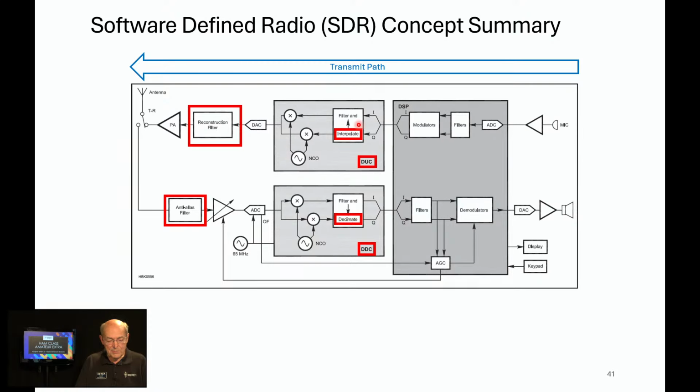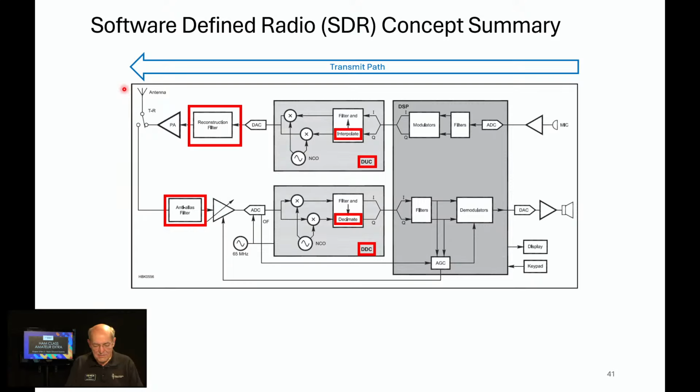So we're in the transmit path. We're at a relatively low frequency here. We've got a DUC, digital up converter. So we're going to be doing the interpolation function there to get this multiplied up to a carrier frequency. We're going to convert these I and Q signals up to the point where we can apply a carrier out to the antenna and transmit.